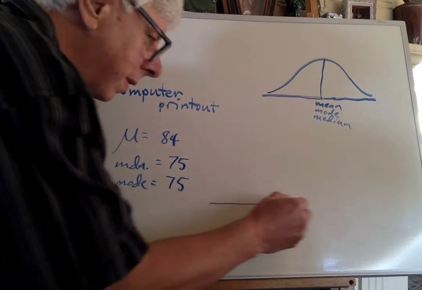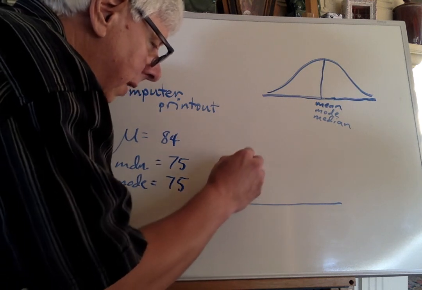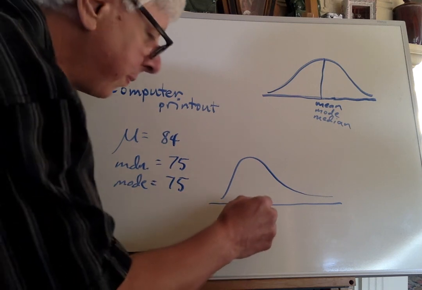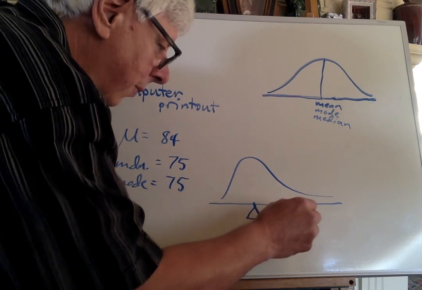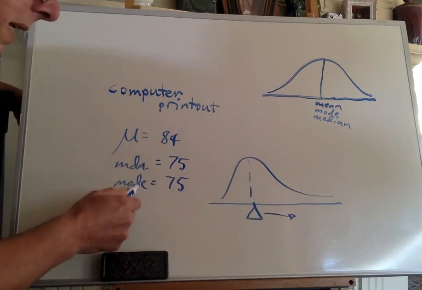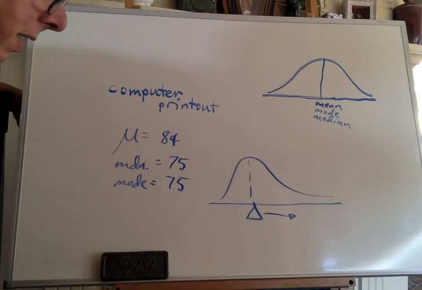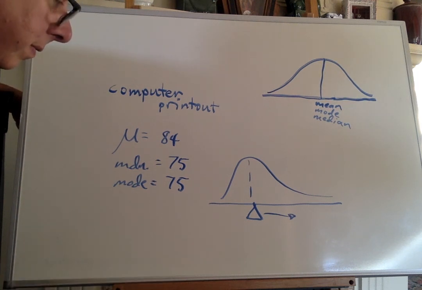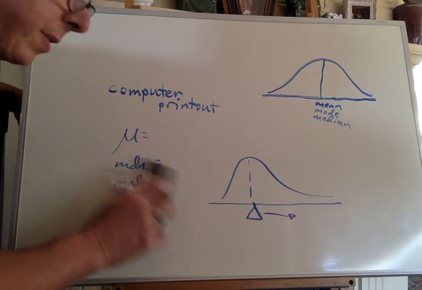Remember, when we have something like this, the mean gets pulled out to a higher level than the median and the mode. So this would give me an indication that we have a positively skewed distribution, just from the computer printout.